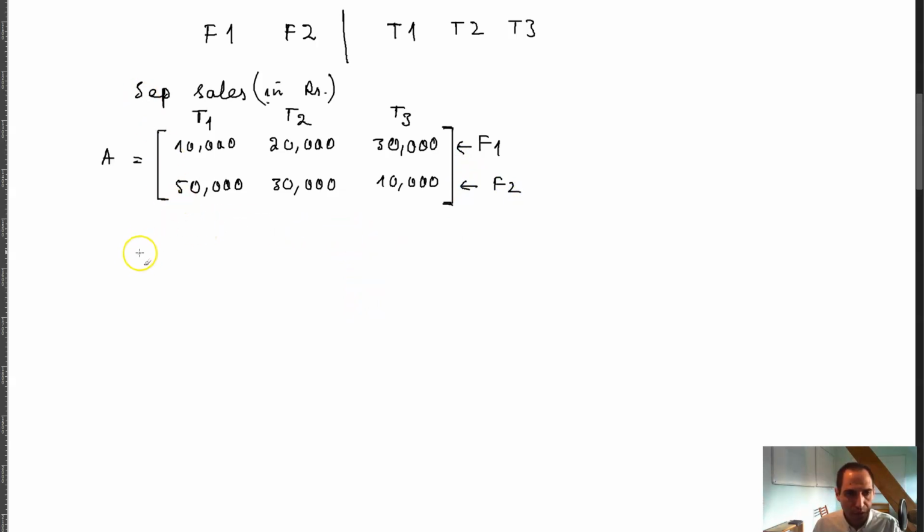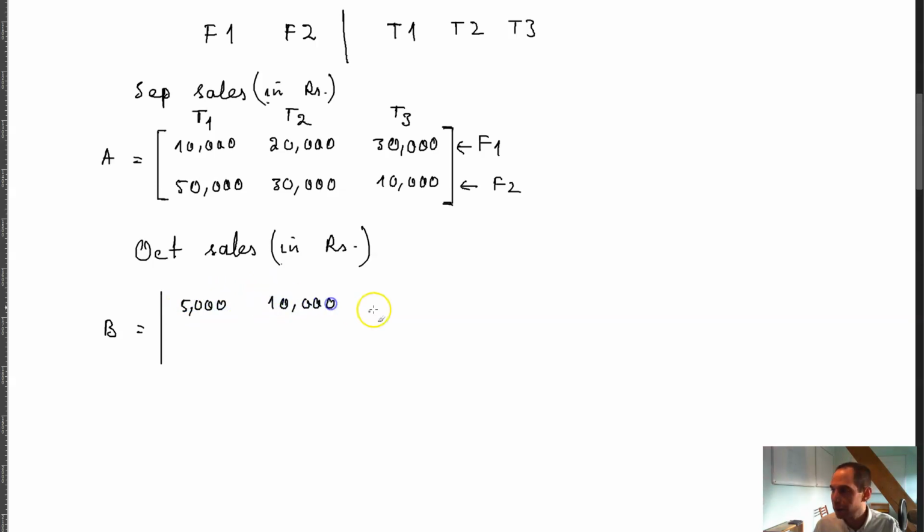Now, October sales in rupees are basically, let's say that is the matrix B, and so you have 5,000, 10,000, 6,000, 20,000, 10,000, and 10,000.